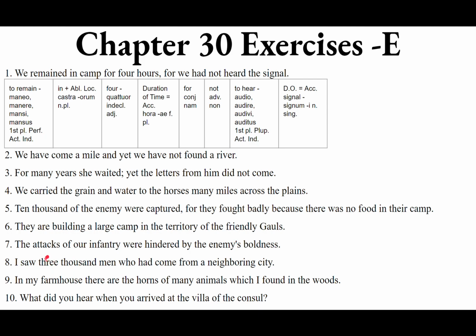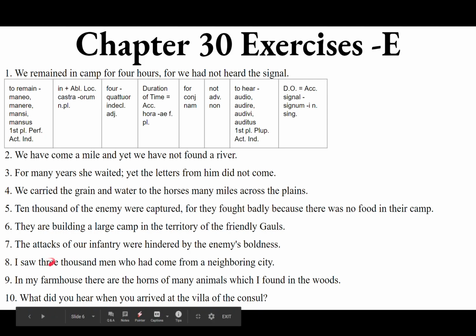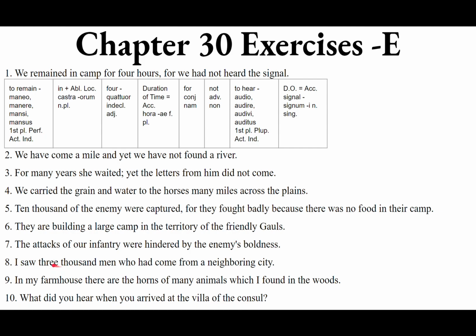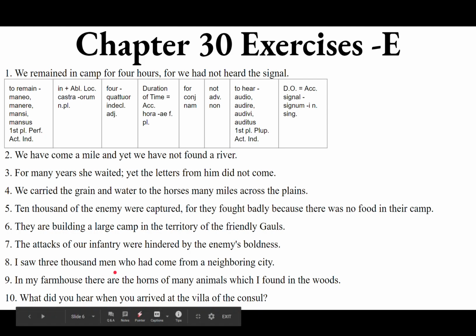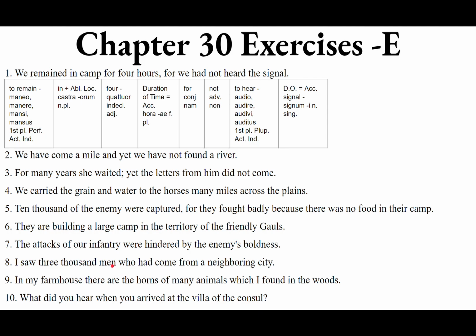Tres, tria, a numeral adjective that's always plural, modifies milia, milium, always neuter, always plural. So we want tria, the neuter form, milia, and then we want the partitive genitive of vir, viri, masculine. 3,000 of men, and I saw them. So tria milia virorum vidi.